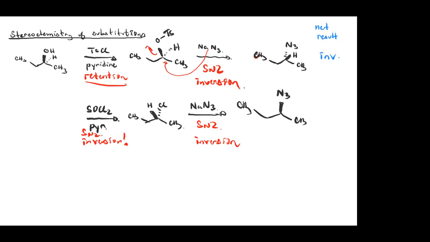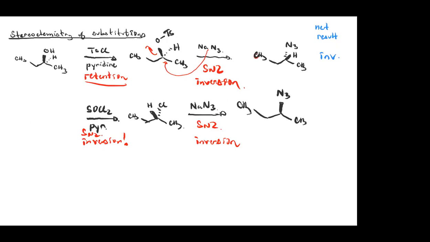Double inversion gets you to retention. And so the important point, and now I'm going to specifically put a question like this on the final, so congratulations, you're all going to have a leg up. The important point is that we have the same product, the same alkyl azide, but now I can dial the stereochemistry depending on how I approach it.